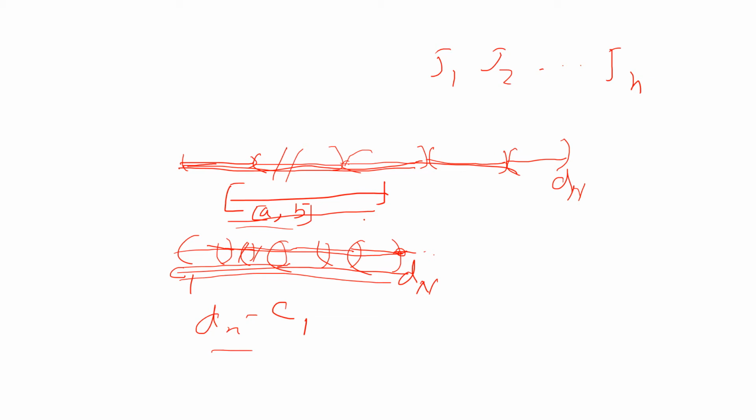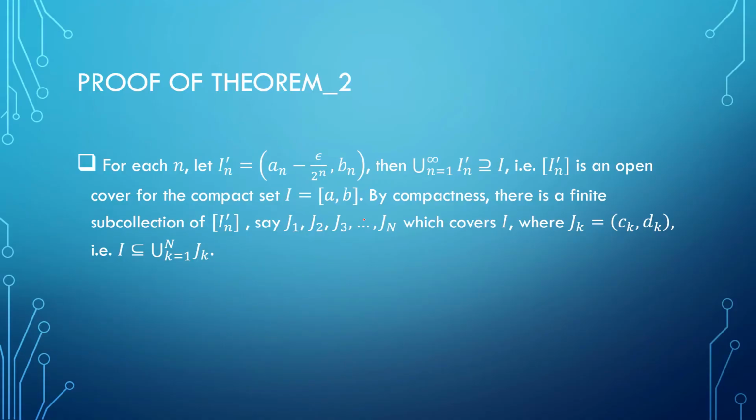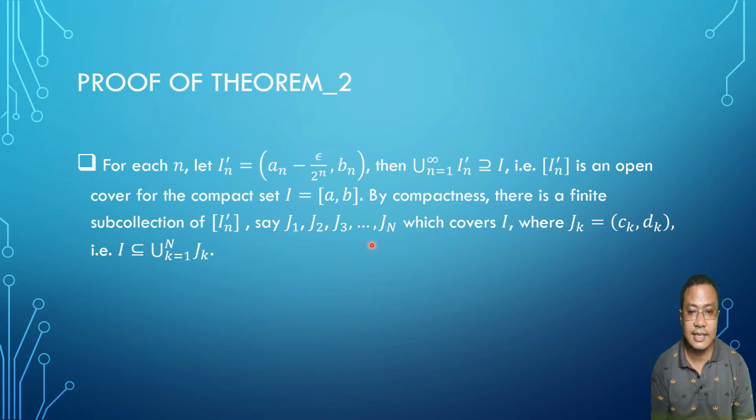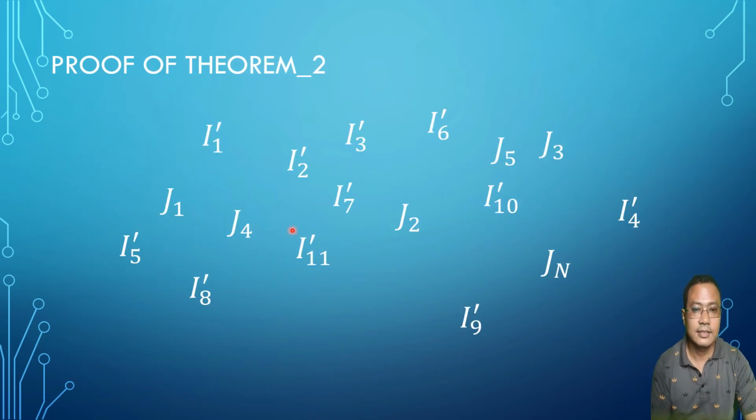So let us see then, you have this collection. They are named as JK, CK, DK, and their union will be a superset of I, okay. From this collection, some other redundant members are there.